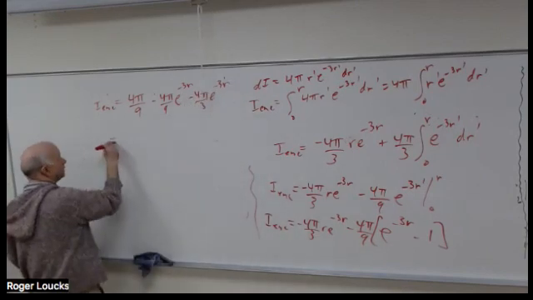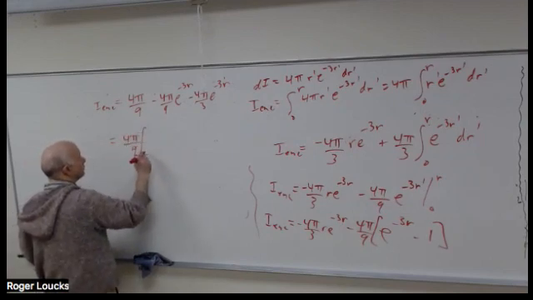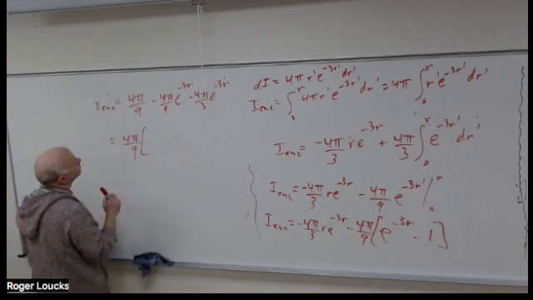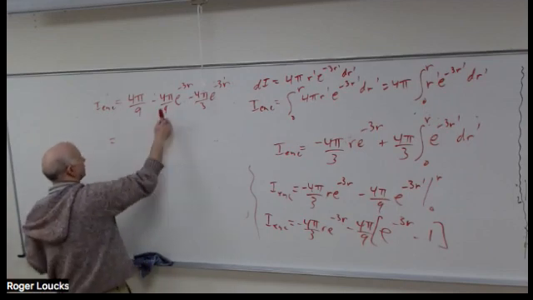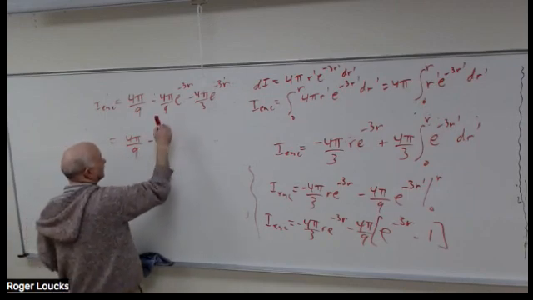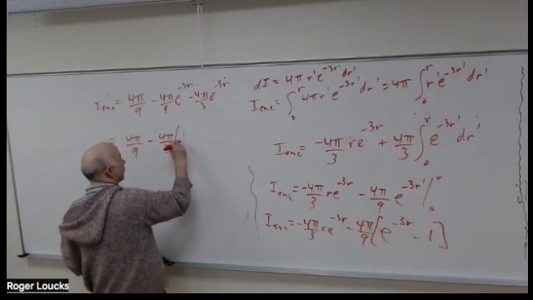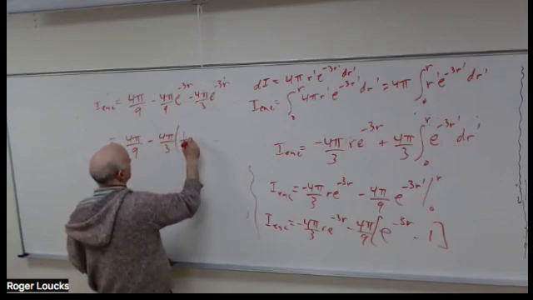That looks a little on the ugly side, so you can write this as 4π/9, minus, I'll take out the 4π/3 in this one, and this is going to be 1/3. Okay.